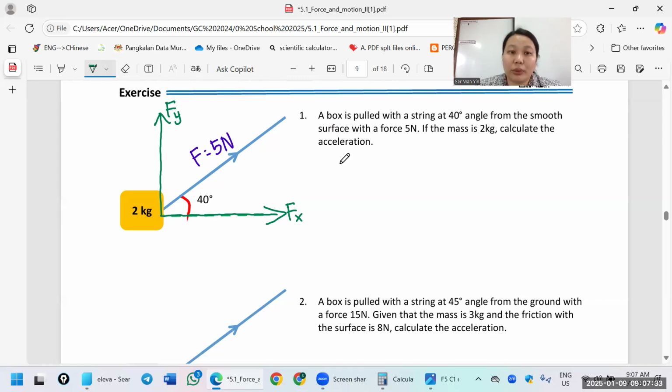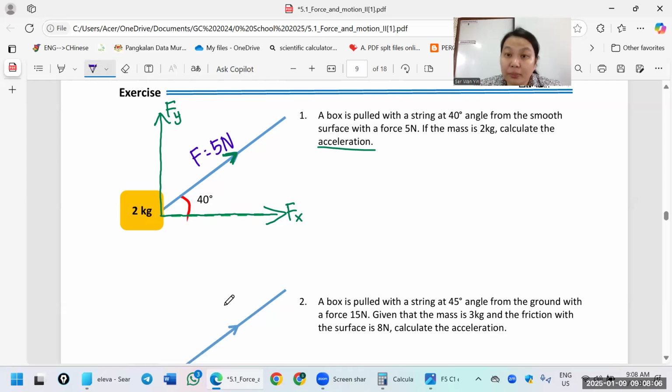Now we say it is pulled this way. What do they ask? They ask for acceleration. What's the formula related to acceleration? The formula that has acceleration and force.